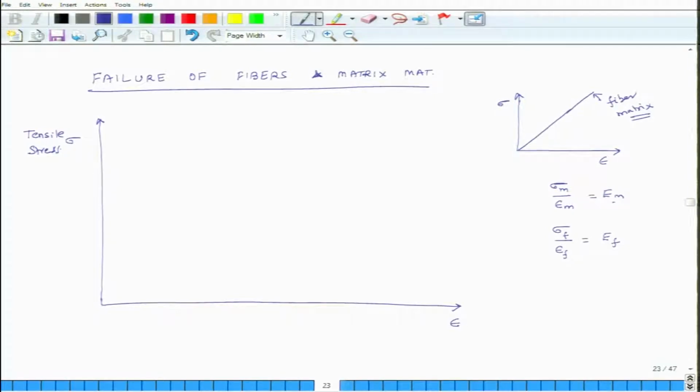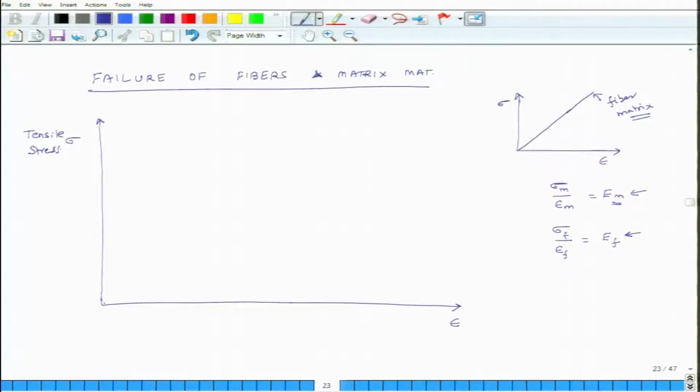Now, particularly for the matrix, this relation may not be that accurate. In general, for a lot of fibers, this may be somewhat accurate, but it is certainly not accurate for most matrix materials. So, how does an actual matrix material behave?